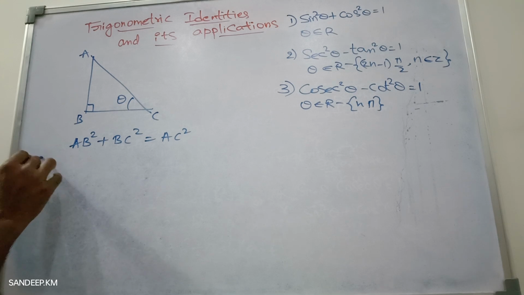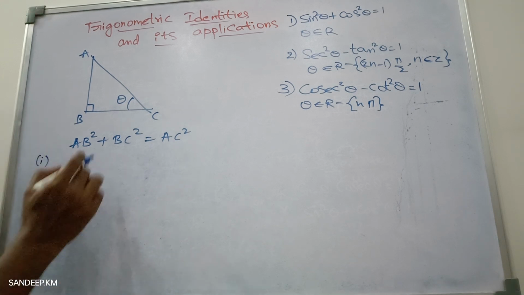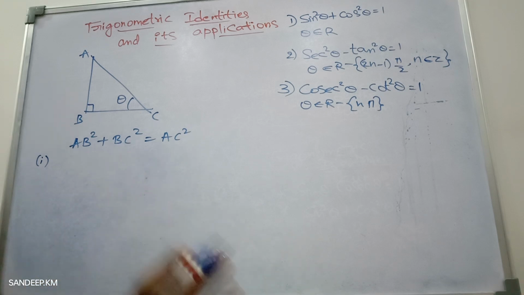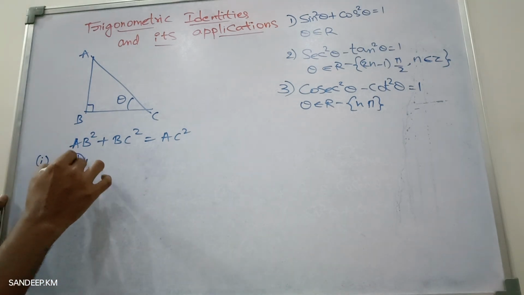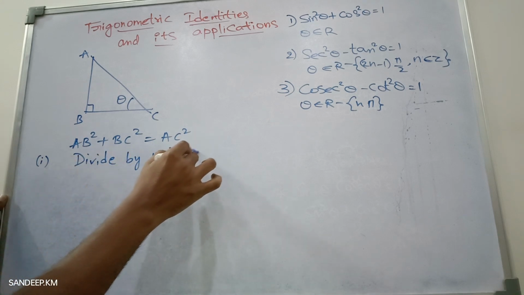So first, case 1. In case 1, I will divide by AC square on both sides.